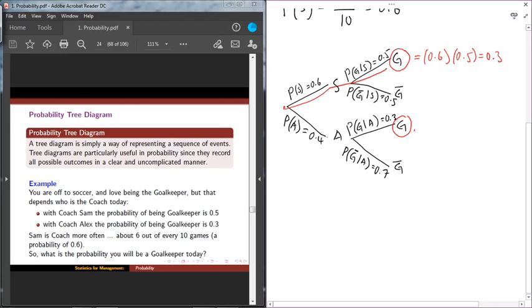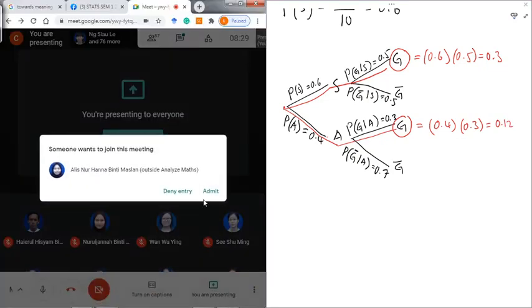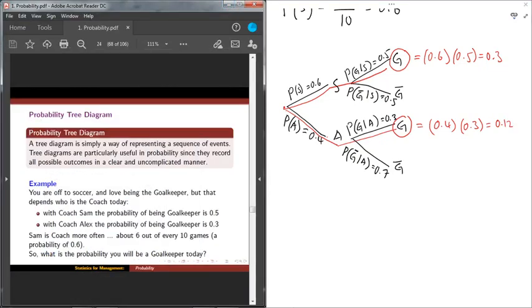And how to go to this one? From the origin, from here. This would be 0.4 and 0.3. This would be 0.12. Once you find the probability of becoming a goalkeeper from each branch, you have to add them now.